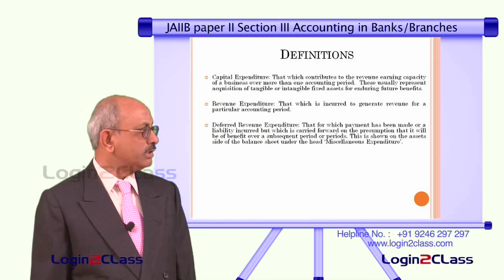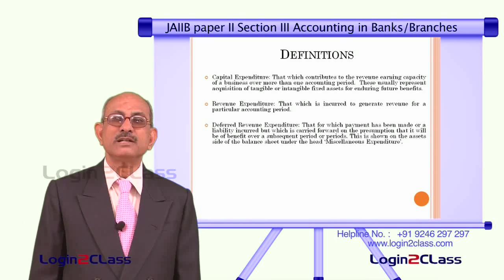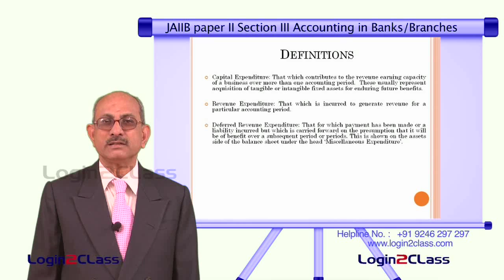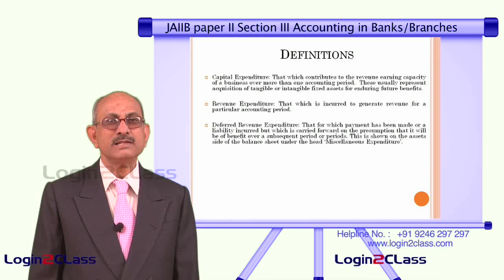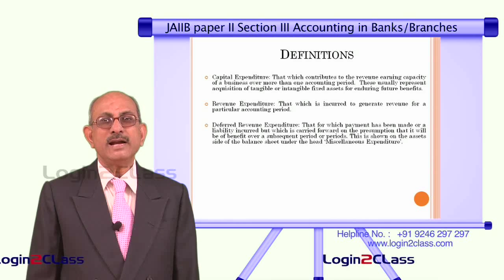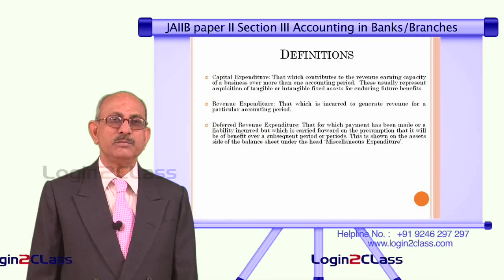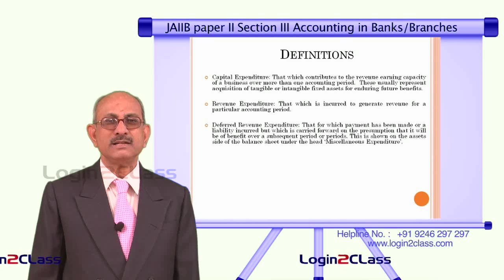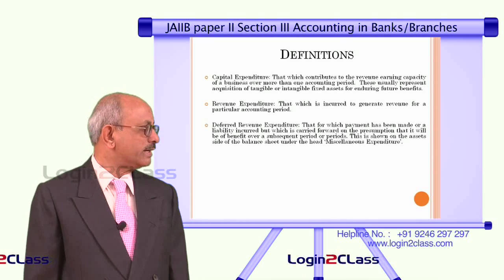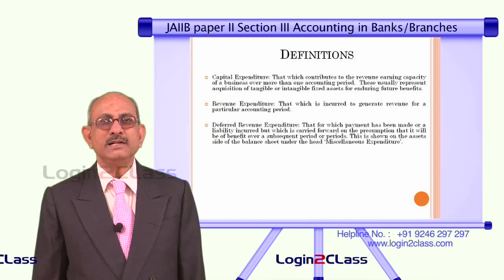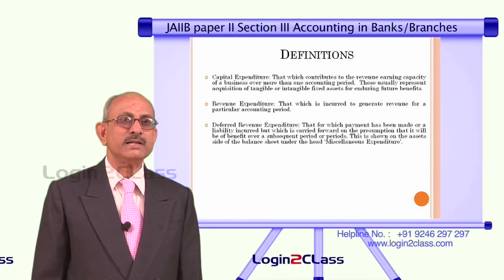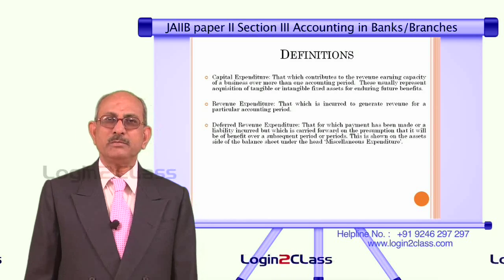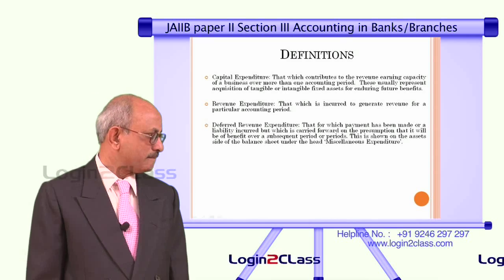Similarly, before the incorporation, the company has to incur a lot of expenditure for doing market research and other things. This is also treated as miscellaneous expenditure, since whatever information it has collected and research it has done will give the benefit over an extended period. It is treated as a deferred revenue expenditure, and only part of that expenditure is allocated on a systematic basis to each of the years.